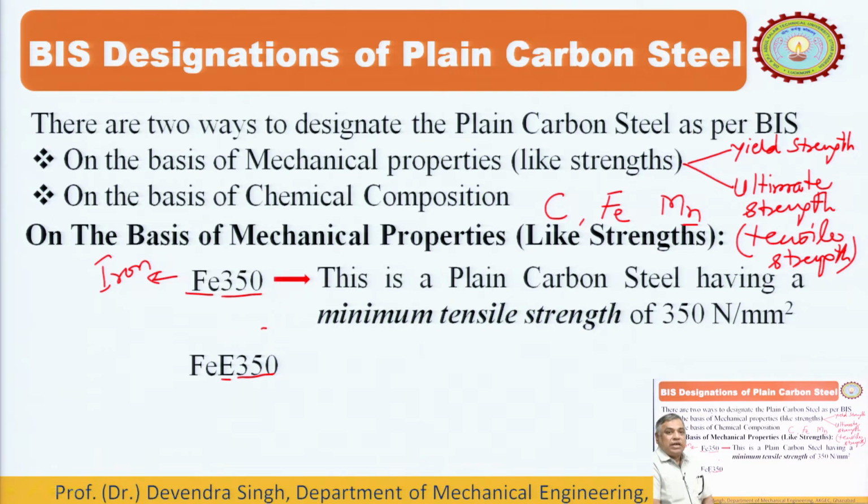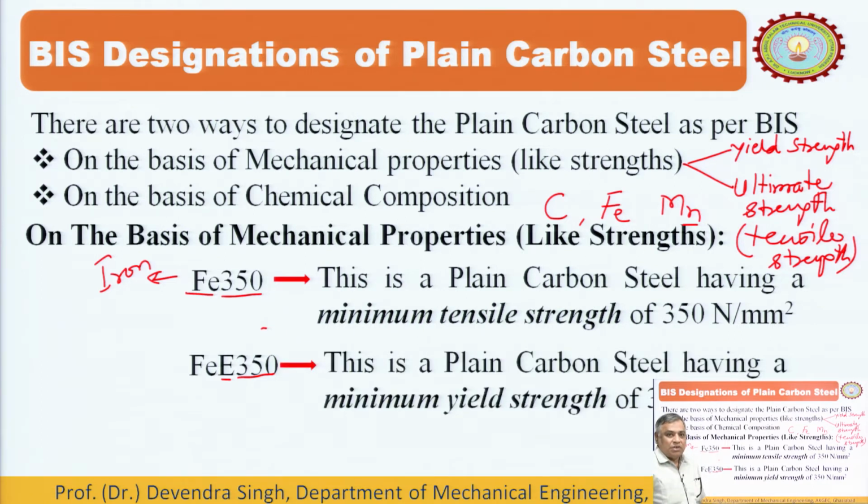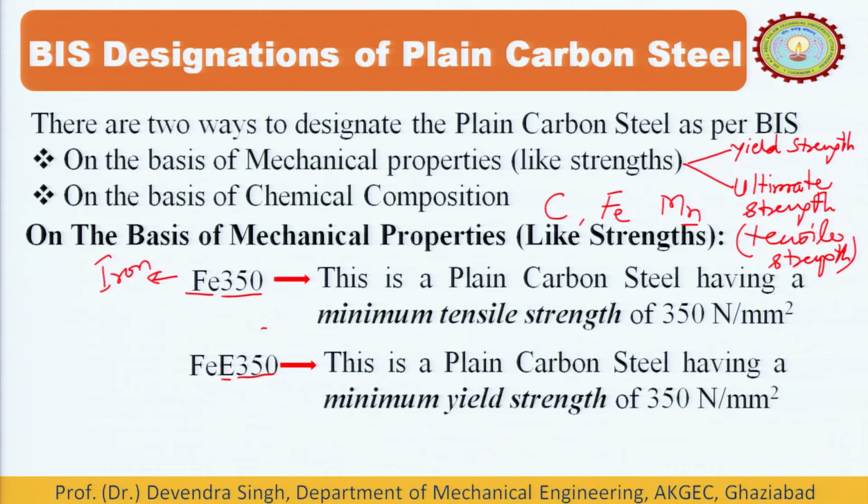This is the yield strength, minimum yield strength. So, the meaning of this Fe E 350 is a plain carbon steel having a minimum yield strength of 350 Newton per mm square. So, this is as per BIS the plain carbon steel on the basis of mechanical properties.